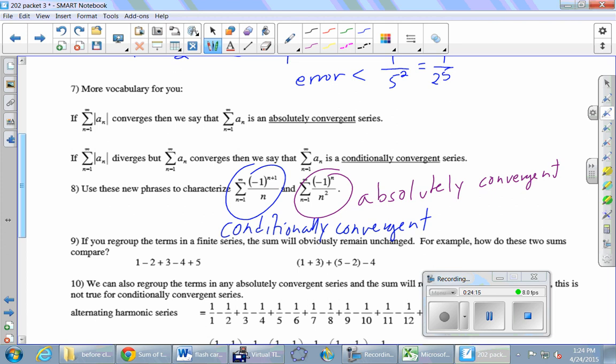I'll go out of my way to ask you to classify it if I wanted you to. Yeah. So that one is conditionally convergent. It only converges on the condition that you let some cancellation happen. We need those pluses and minuses to cancel with each other. Because if you try to make them all pluses, it diverges.